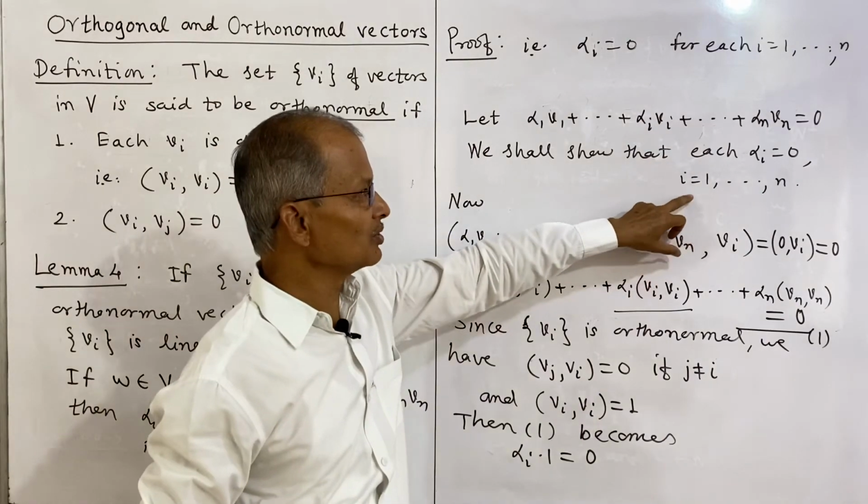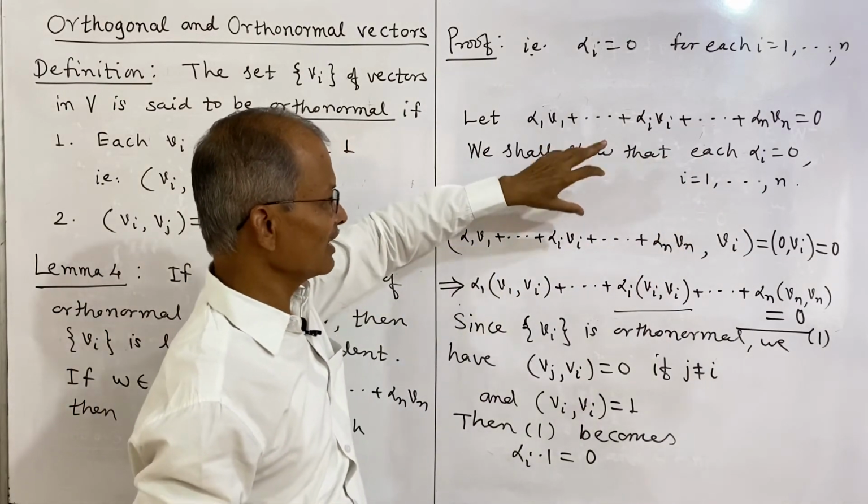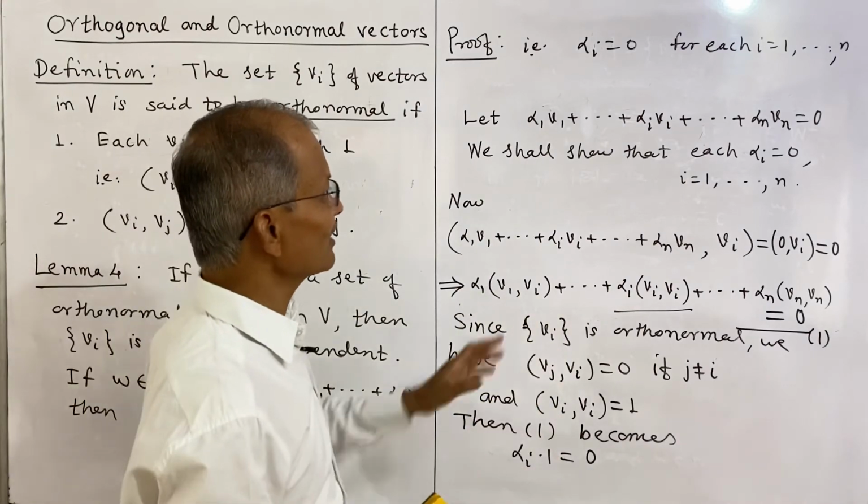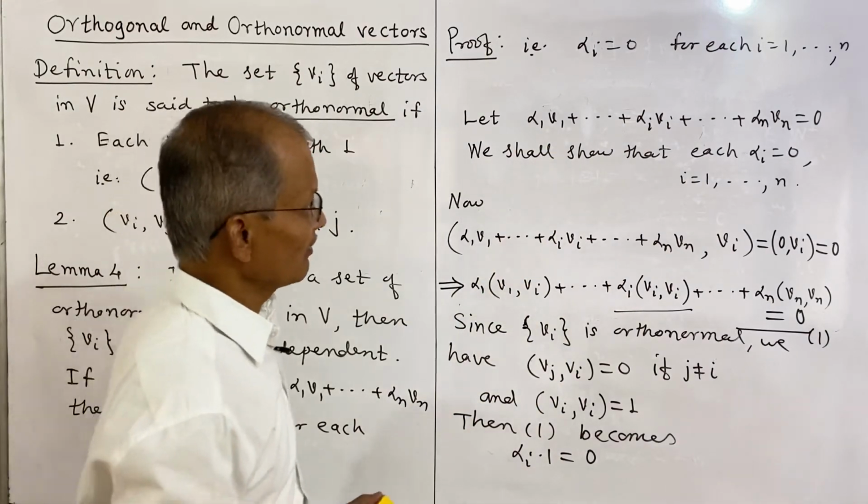Each alpha i is equal to 0. This shows that the set vi is linearly independent. This is the condition for linearly independent vectors.